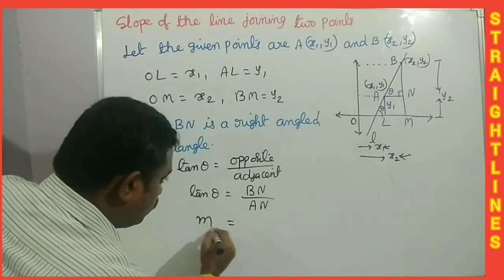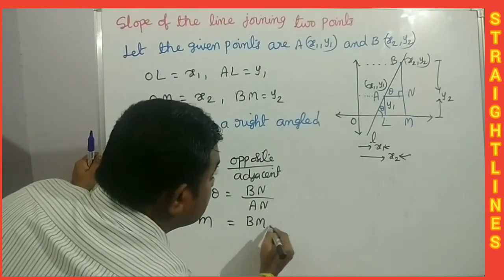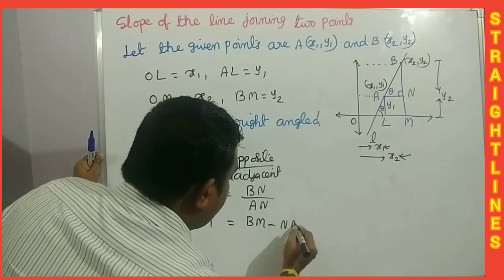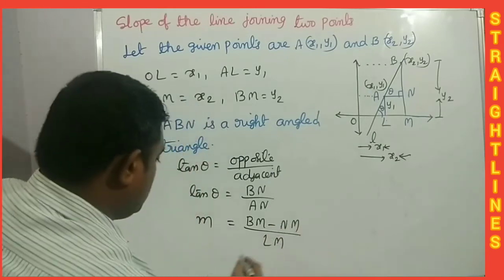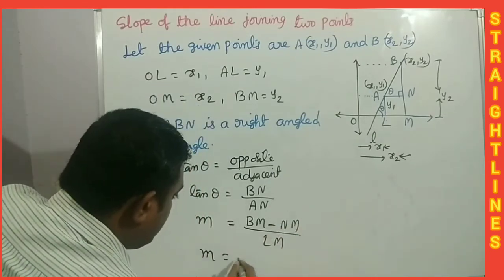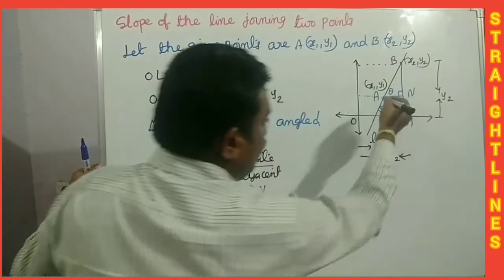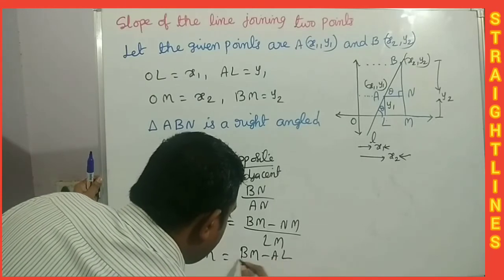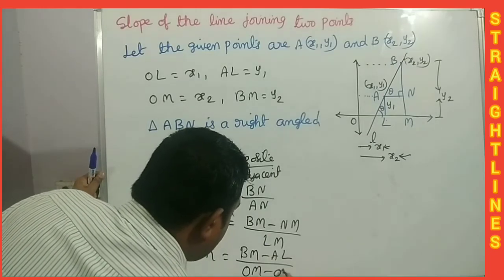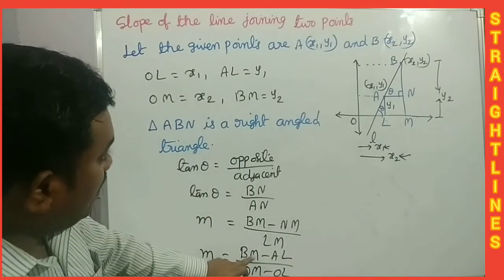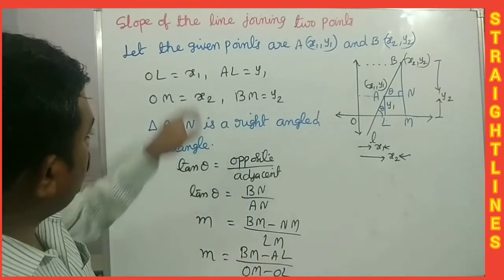So m equal to, BN value you can write BM minus NM, by AN value we can write LM. It is m equal to BM minus NM equal to AL by LM value OM minus OL. We know that all values, BM value is y2 and AL value is y1, OM equal to x2 and OL equal to x1.